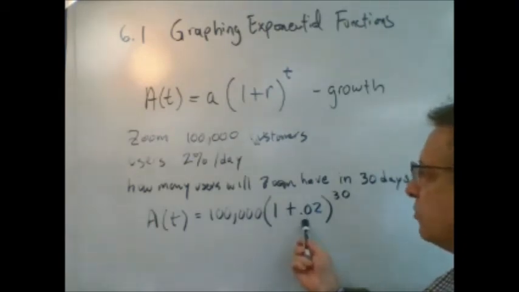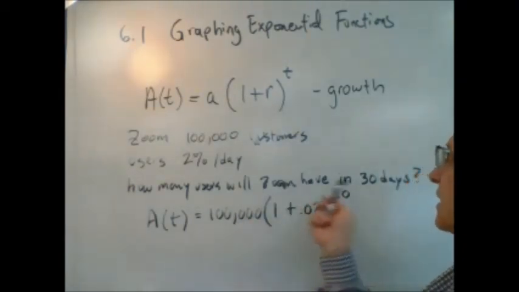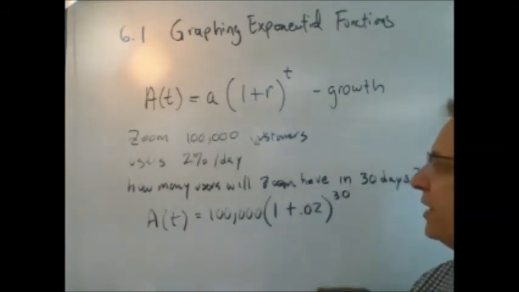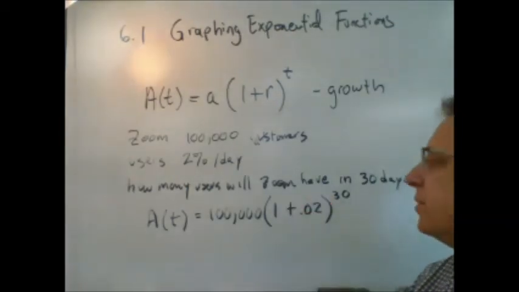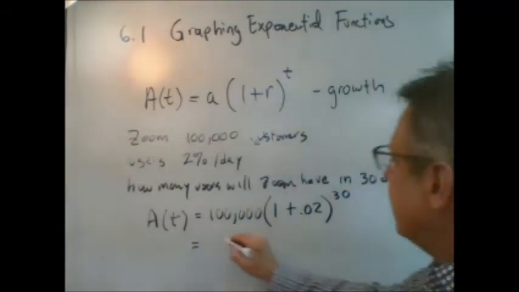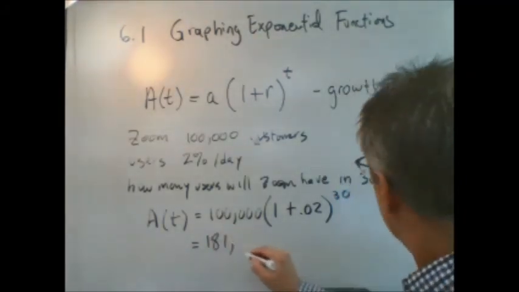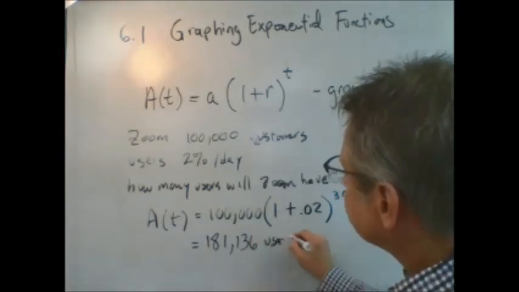So this is 2% per day, so t would be days, and it's asking for 30 days, so we'd put 30 in there. So we would put in our calculator 1.02 raised to the 30th power, and then multiply it by 100,000, and that answer gives us 181,136 users.